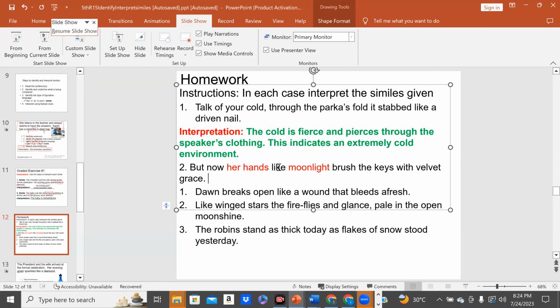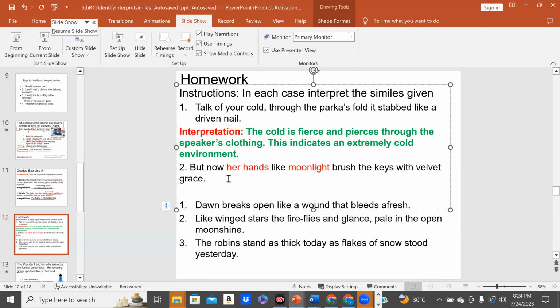So her hands like moonlight brush the keys with velvet grace. Oh my goodness, this is neat. So the interpretation is, wow, this is awesome writing. "But now her hands like moonlight brush the keys with velvet grace." That's excellent writing.